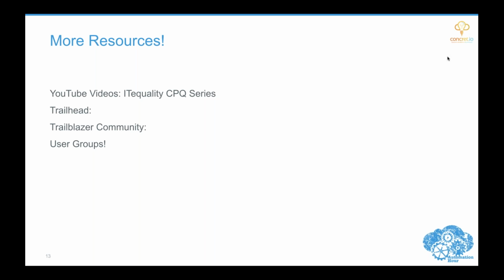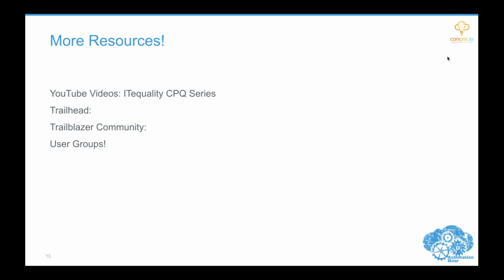But the CPQ developer org has pre-built bundles, so it gives you the chance to look at how this might look for your org. If you've never seen a bundle before in CPQ, it's really helpful to just walk through it on your own.